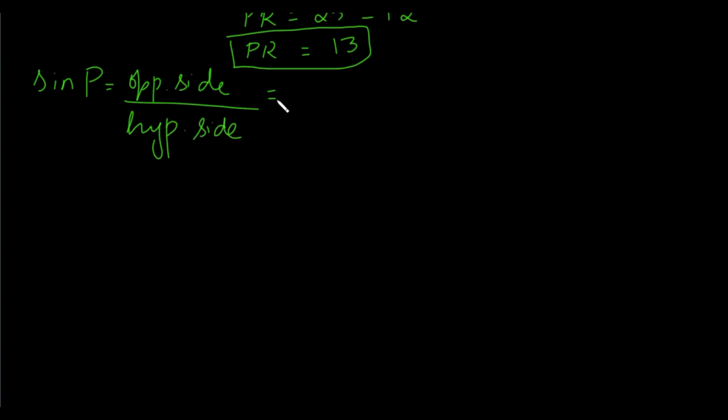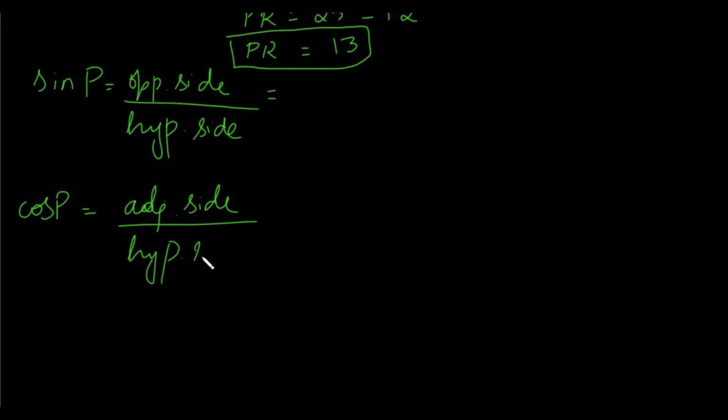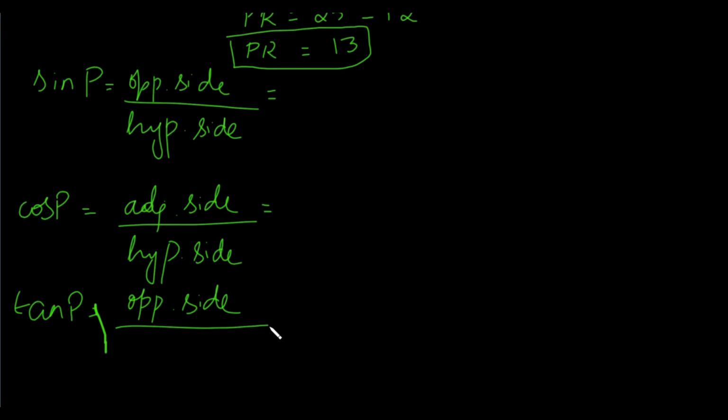And cos P is equal to adjacent side divided by the hypotenuse side. Tan P is equal to opposite side divided by the adjacent side.